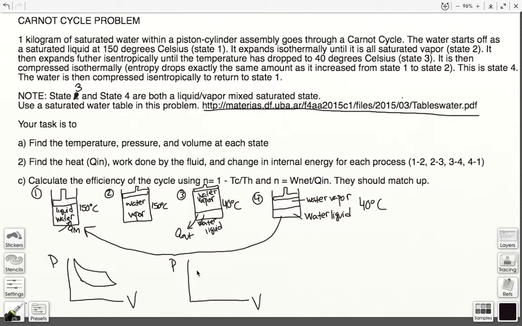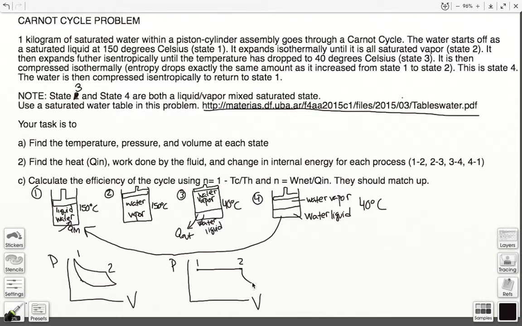In our diagram, the process from 1 to 2, so here usually you will see a drop in pressure. The process from 1 to 2 happens isothermally and also at a constant pressure.